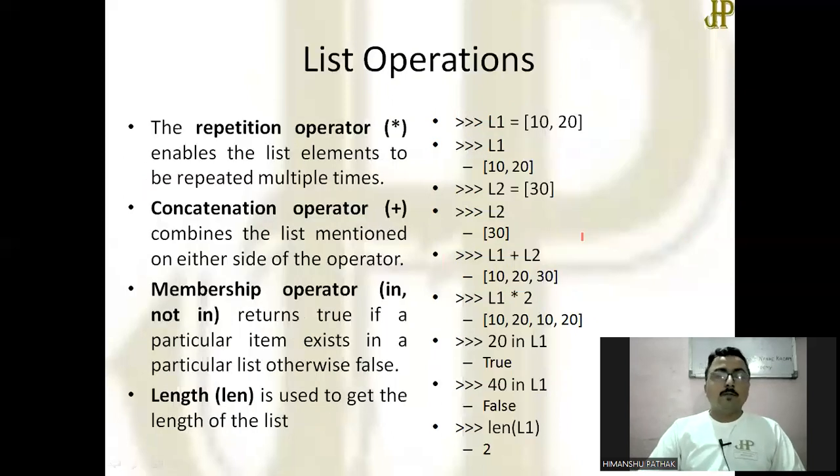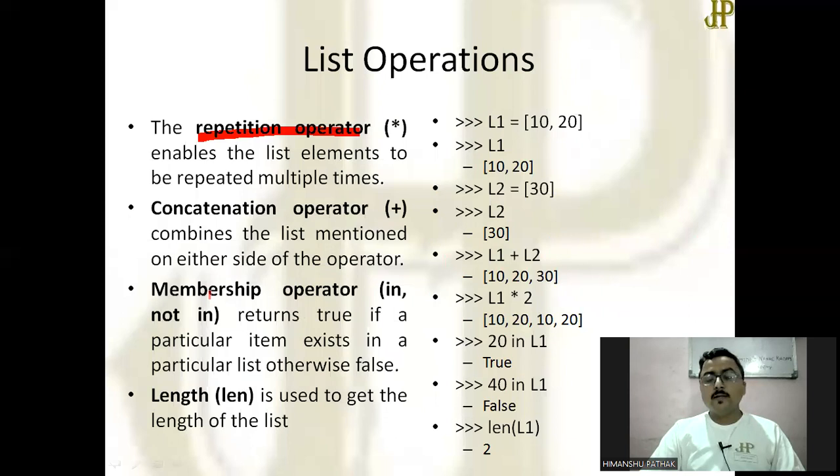Now, some operations I already discussed in operators. Repetition operator means it will print the list as many times as you want. Concatenation means it will combine 2 lists, 3 lists.